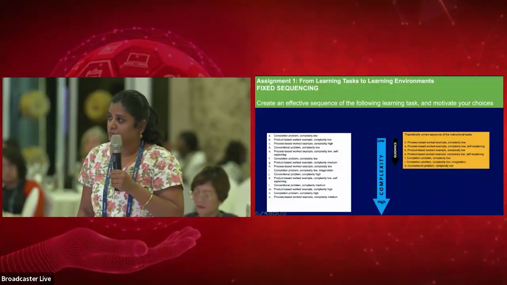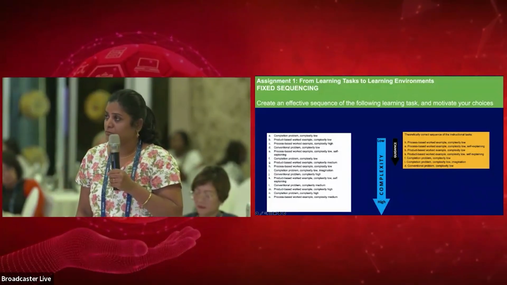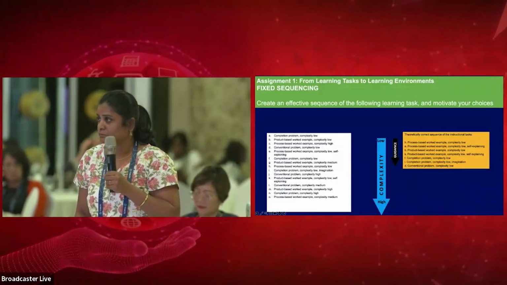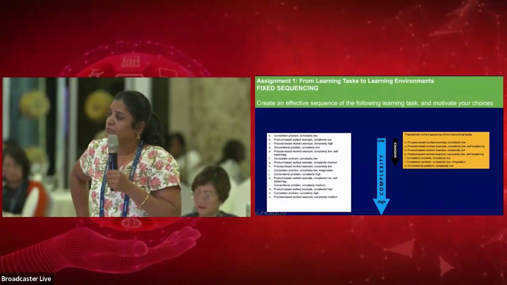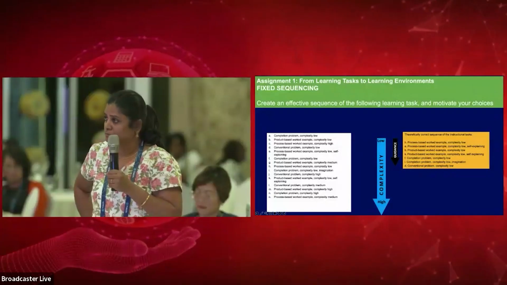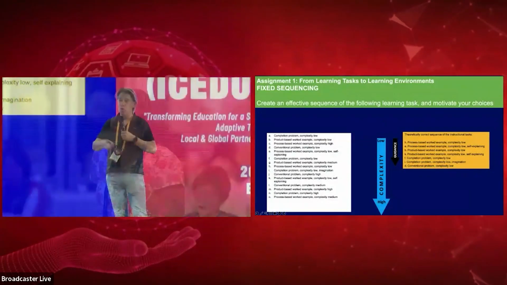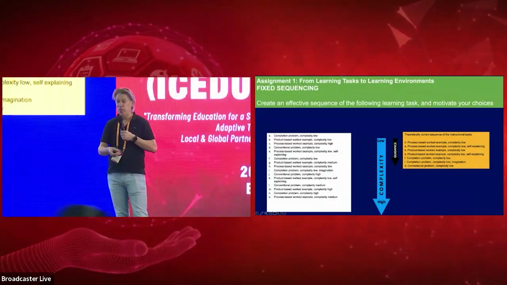I showed that in the keynote: if you have to solve a problem, then you use a backward working strategy, also called means-ends analysis. So you will be able to solve the problem, but you don't learn about the underlying structure of the problem.